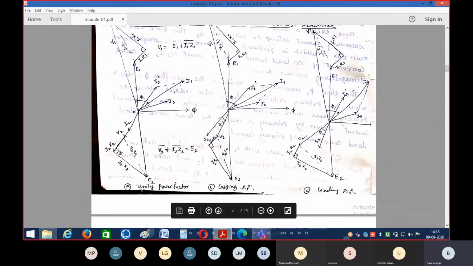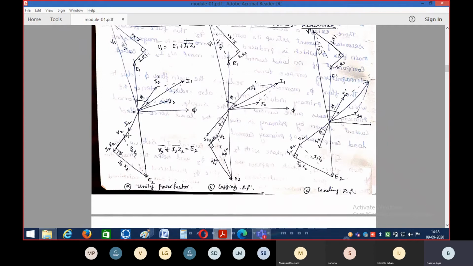See, in the first case I have considered the unity power factor. It means the working power factor here I have considered as unity. So in the case of unity power factor, V2 and I2 will be in phase, and this I2 lags behind E2 by some angle.